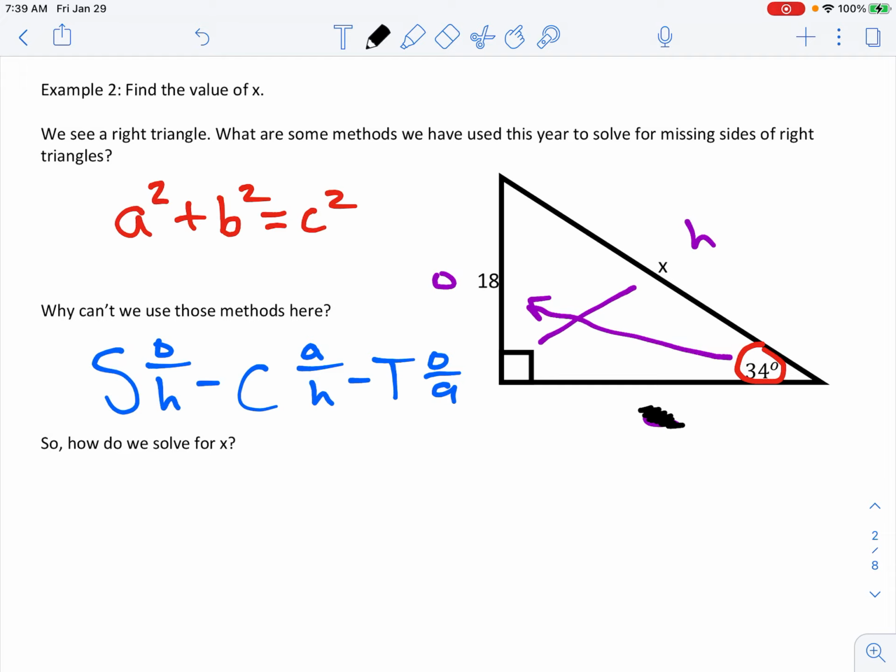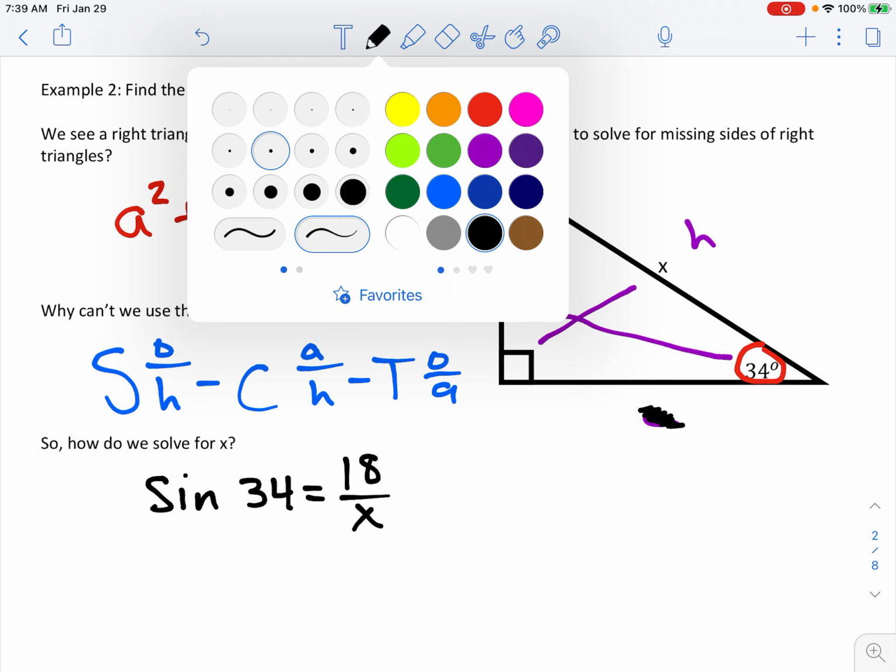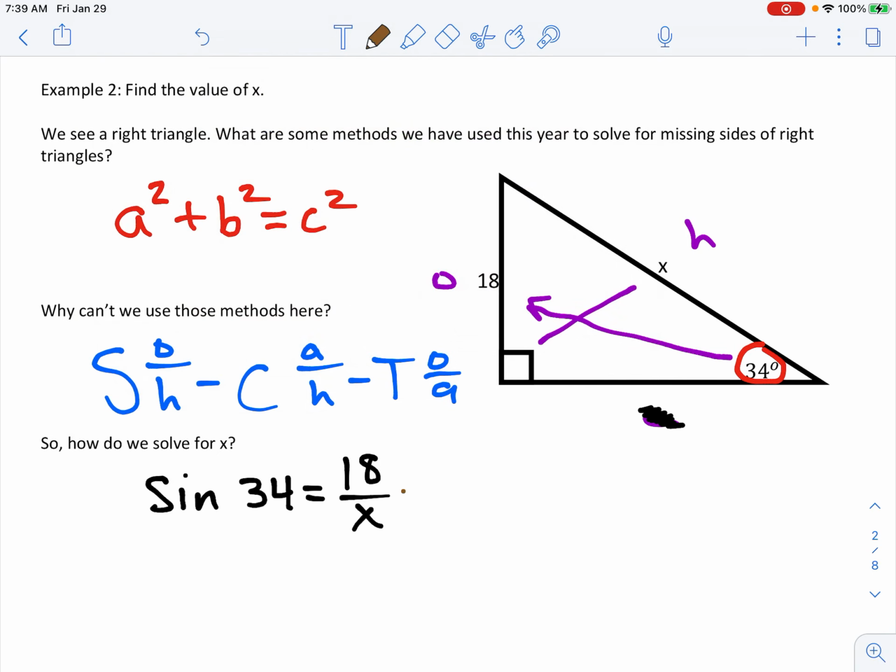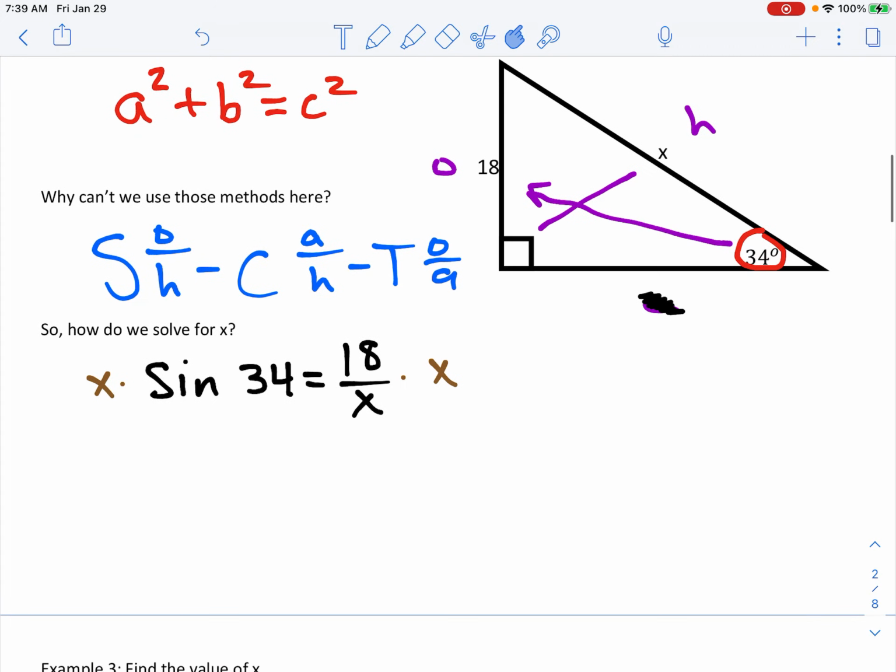If I go over to Soh Cah Toa, I notice the sine has O and H, so I'm going to go sine of the angle, so sine 34 equals, I need O first, and I need H second, so 18 over X. I'm going to solve this. I'm going to multiply both sides by the X to free up my fraction.